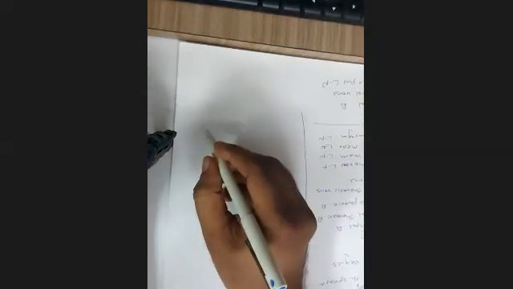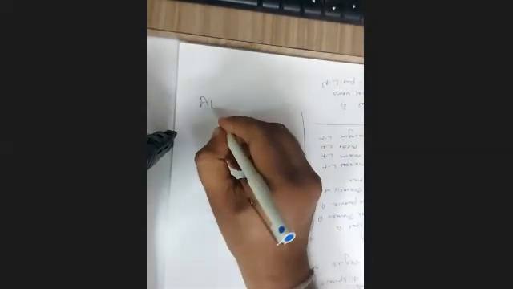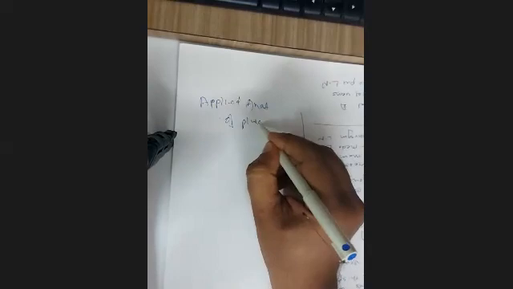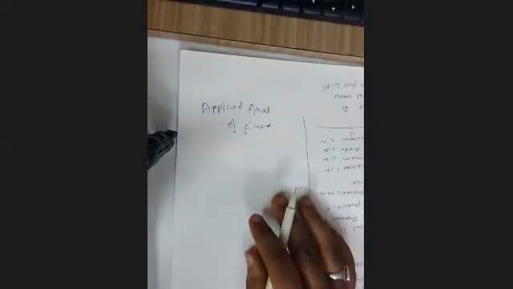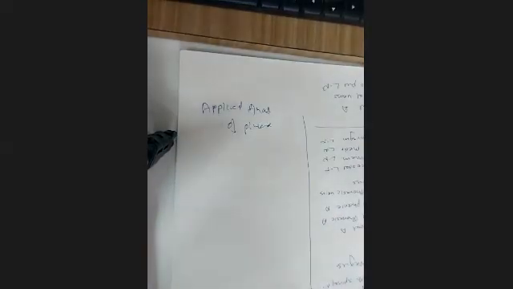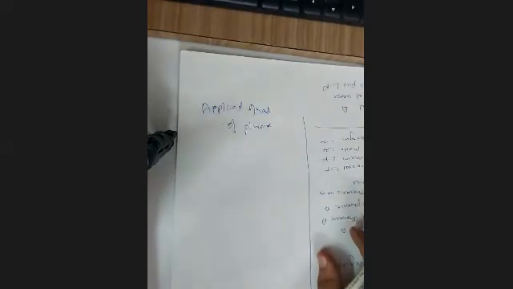Now coming to the last point, and that is the applied anatomy of the pleura. Normally there is a very thin layer of fluid inside the pleural cavity, and there is negative intrathoracic pressure. You must have studied this in physiology.